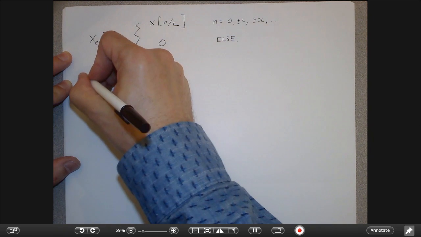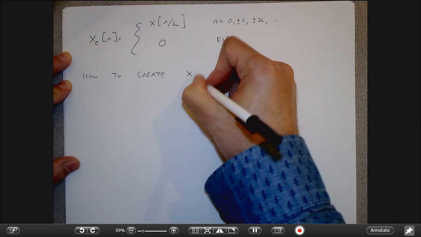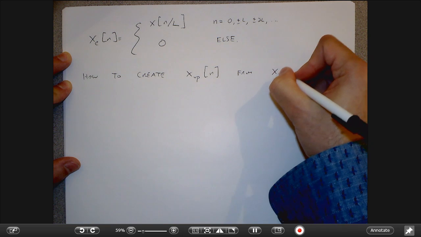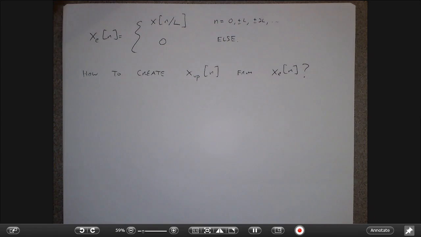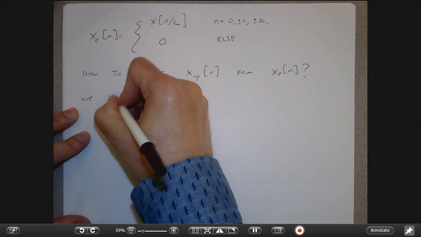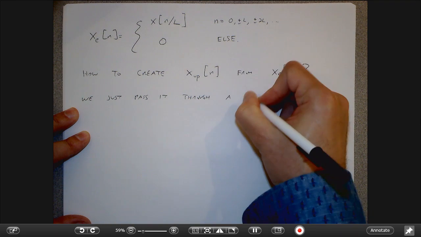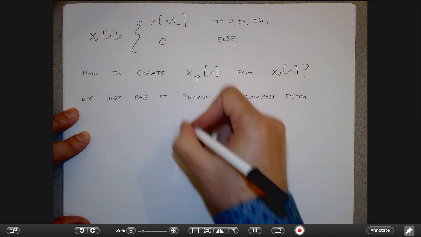And so how do I create the upsampled version of n from the expanded version of n? The distinction is that the expanded version just has a bunch of zeros in the gaps. The upsampled version actually has the correct values inside the gaps. Well, it turns out we just pass it through a low-pass filter that looks like this.